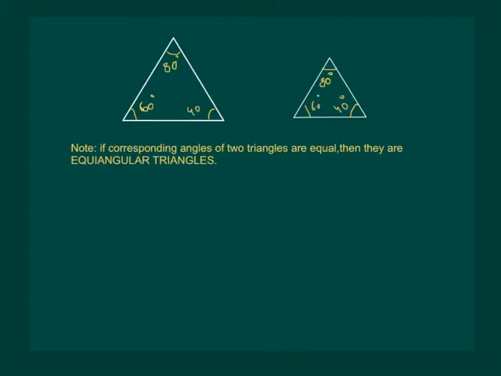Note that if corresponding angles of two triangles are equal, then they are known as equiangular triangles, and then we can apply Thales' result to all equiangular triangles.